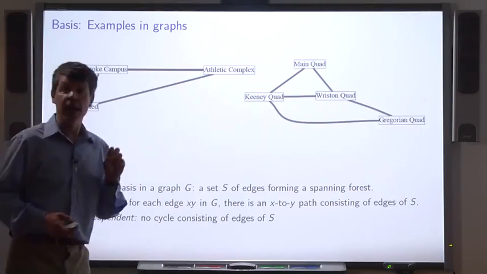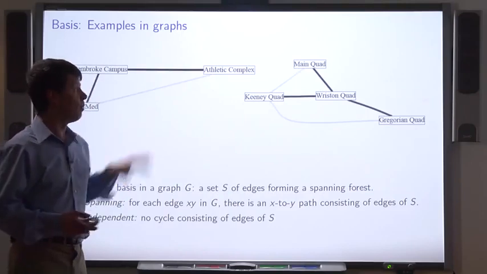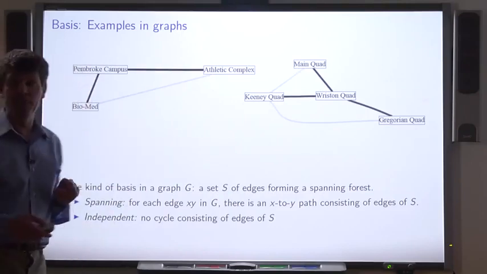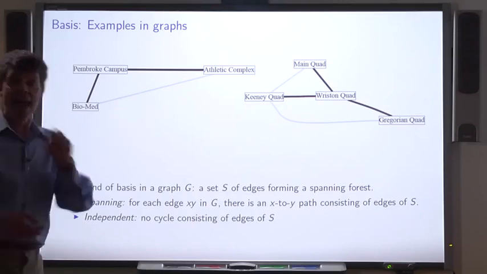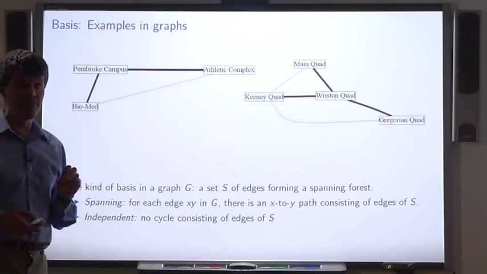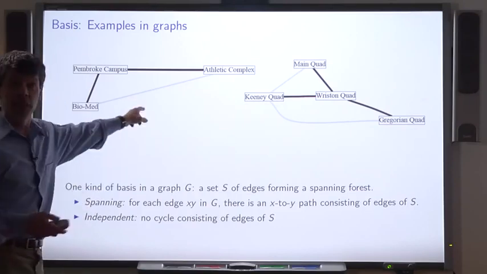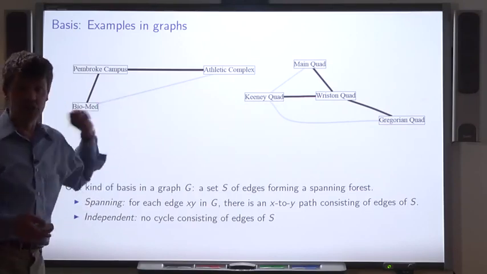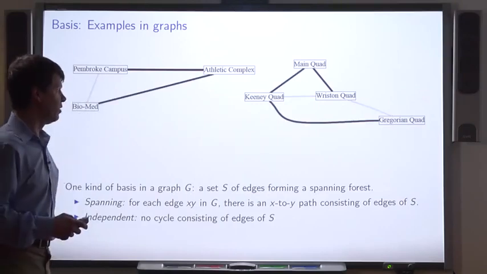The fact that it's linearly independent corresponds to the fact that these edges form no cycle. So here's an example of a spanning forest in the graph. There are no cycles, and every edge in the original graph has its endpoints connected using edges in the set of dark edges. Here's another example of a spanning forest for the same graph.